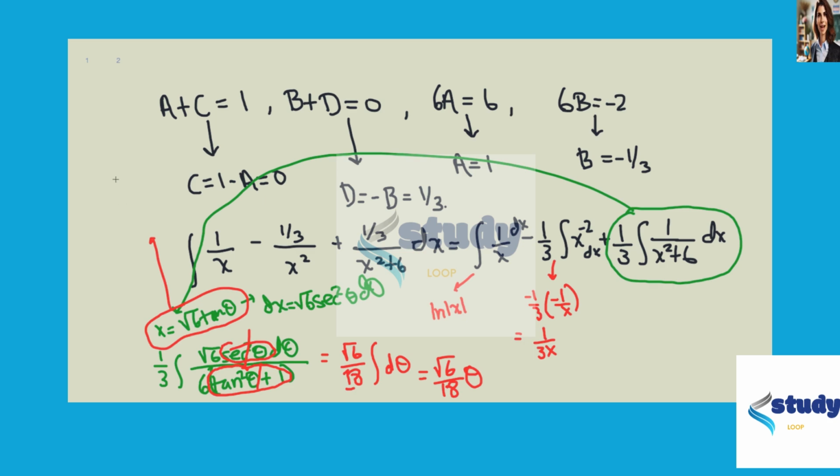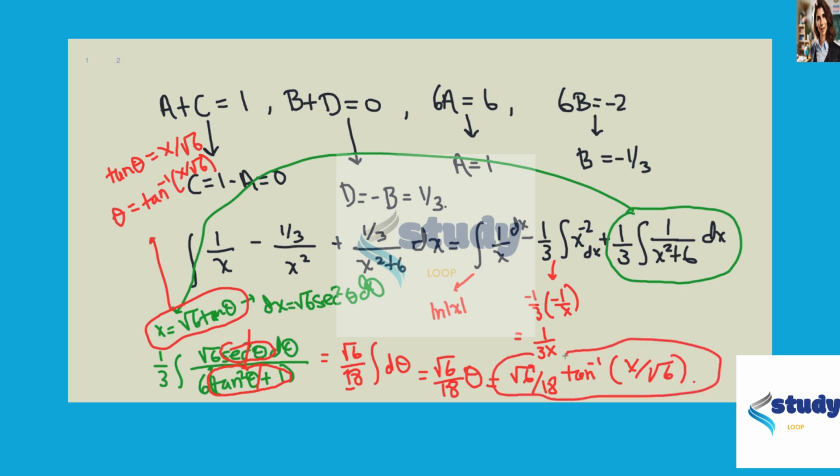So we have tan theta equals x over radical 6. So theta equals tan inverse of x over radical 6. So let's write that over here. Radical 6 over 18, and then arctan x over radical 6. And that's the third integral.